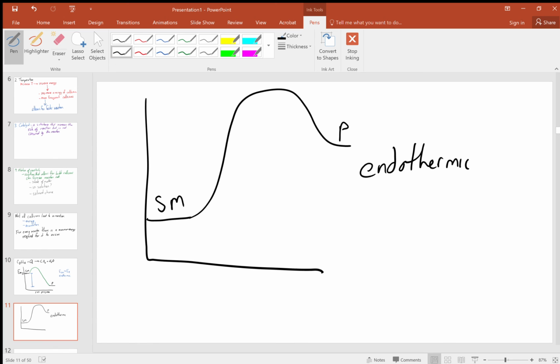What's an example of an endothermic reaction? Well, probably the most important example would be photosynthesis. Plants take in energy from the sun and store that energy within a molecule.